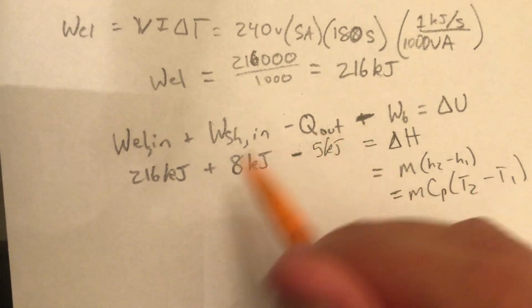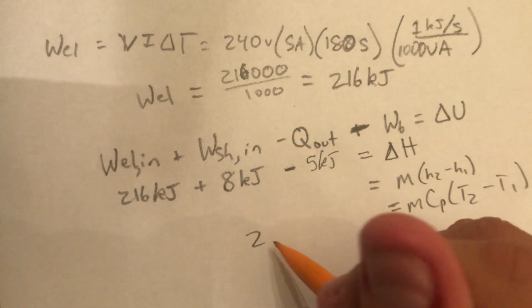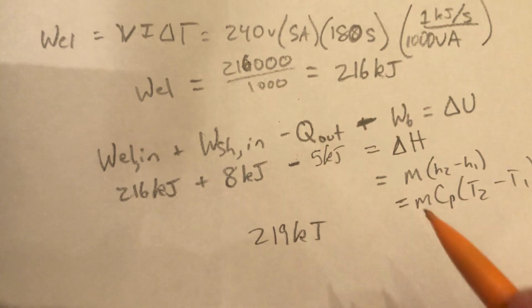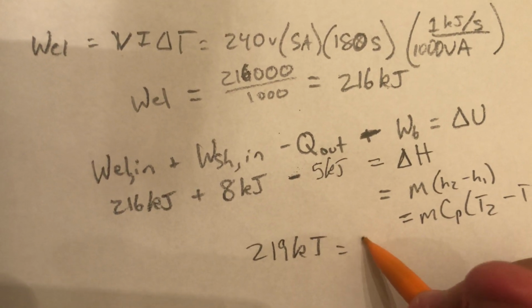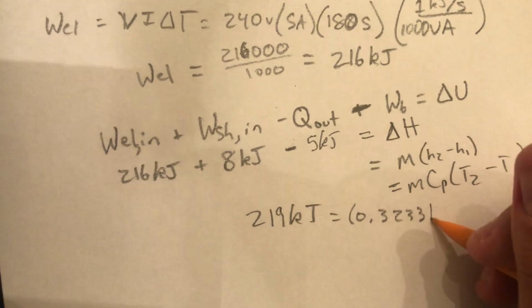So net work and Q, everything on the left side, comes out to be 219 kilojoules, which is equal to 0.3233 kilograms times Cp.